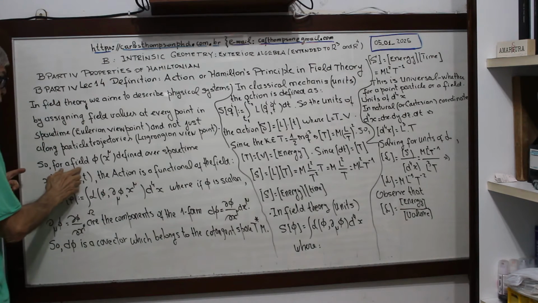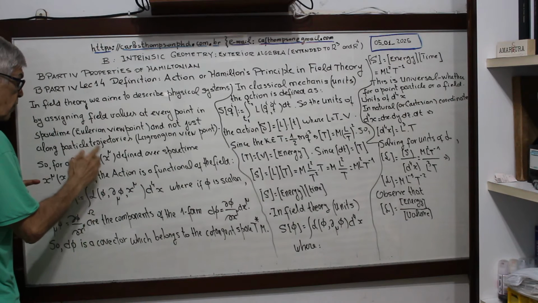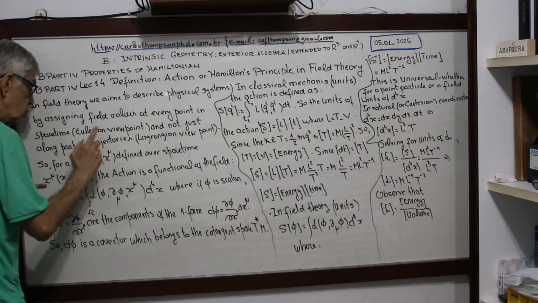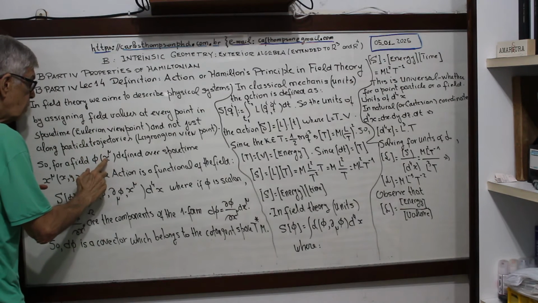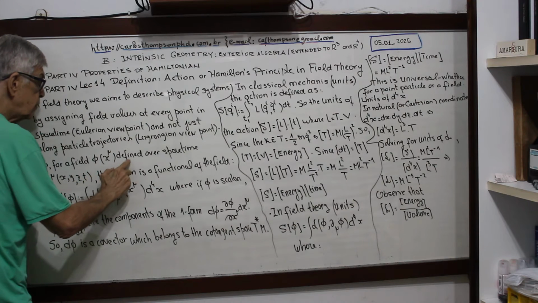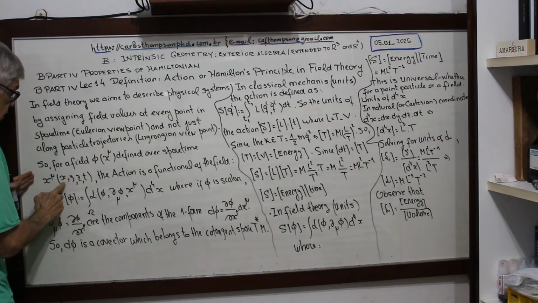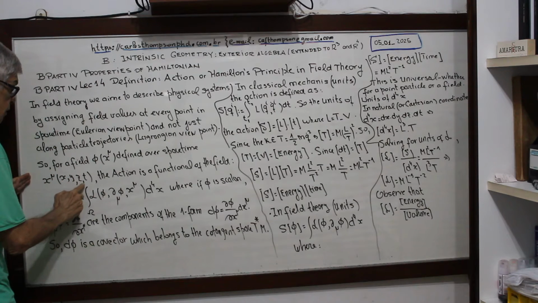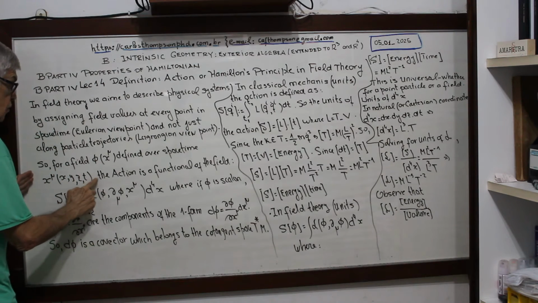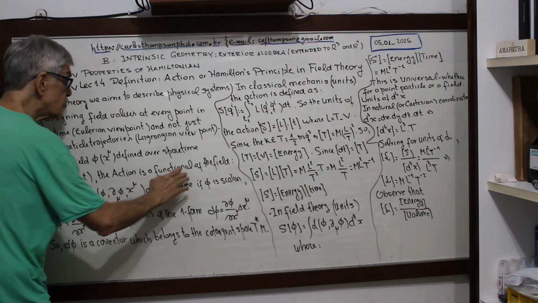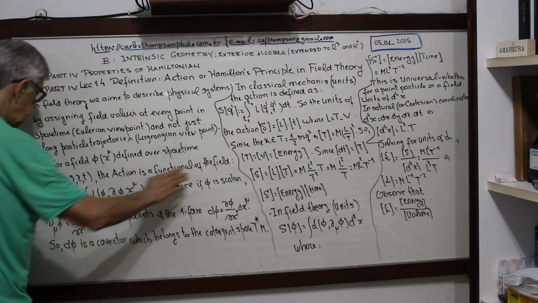So, for a field phi, a function of x mu, defined over space-time, this is four-dimensional: a point and a time. So the action is a functional of the field.